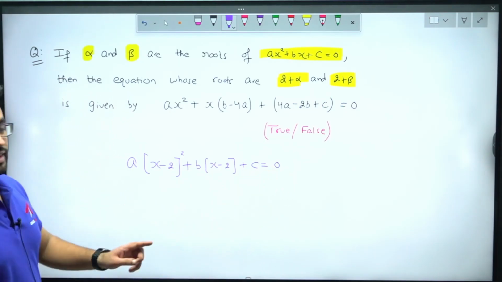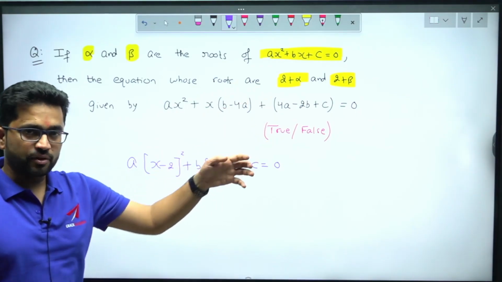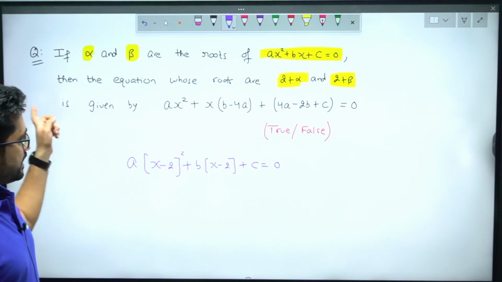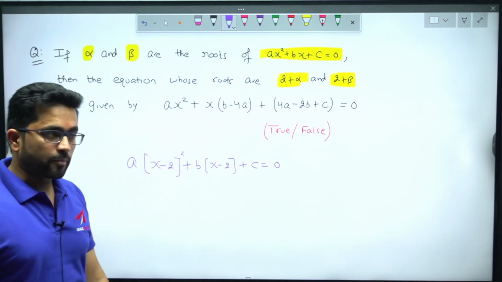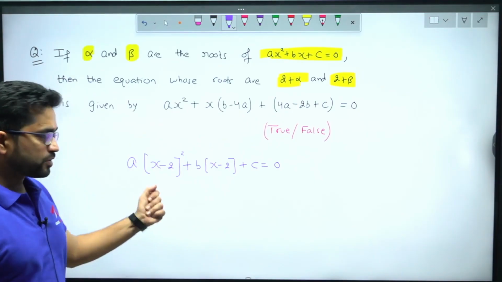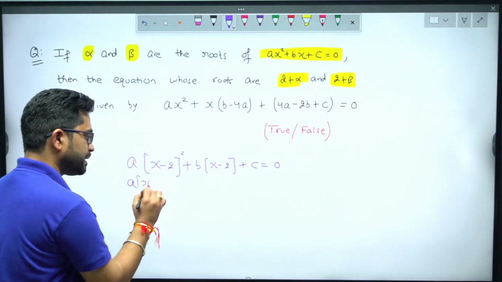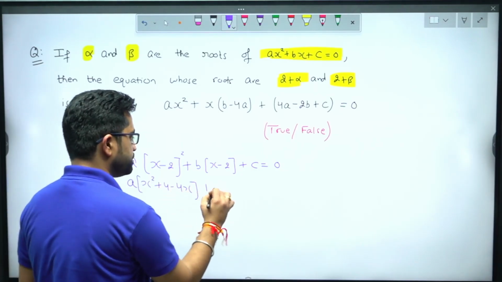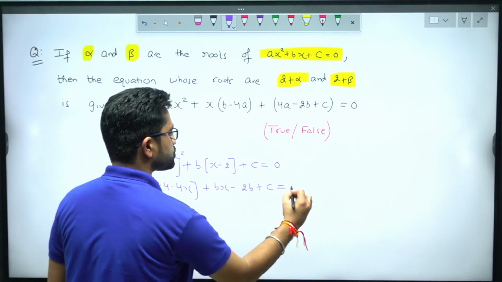Now please observe, roots are being added with 2, so we need to replace x with x minus 2. They are writing the equation in a different format. We need to mark true or false. So I'll just open this to get the desired equation: a times x square plus 4 minus 4x, plus b times x minus 2b plus c equals 0.